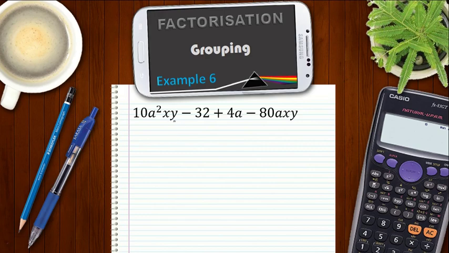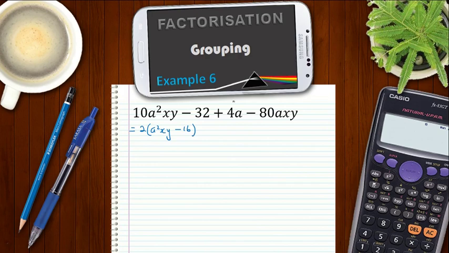Now as this one is here, it might not necessarily leave you with the same factors after you factorize the first time. Let's just see what happens if we go straight forward and do that. If we take out a common factor for the first 2, we can only take out 2. Then we're left with a squared xy minus 16.